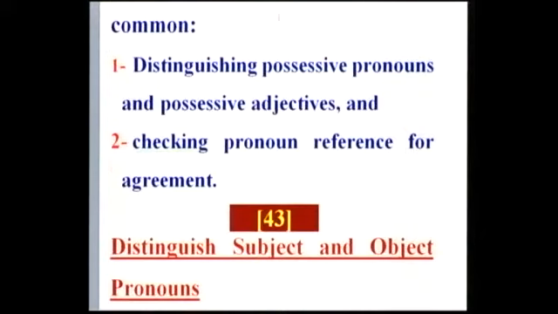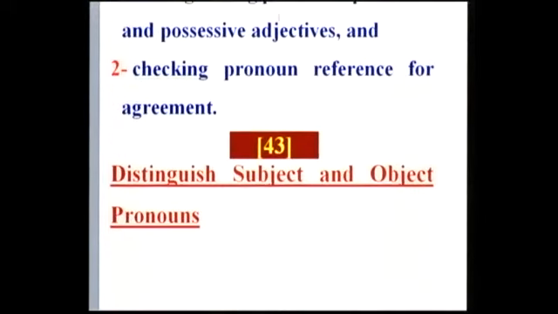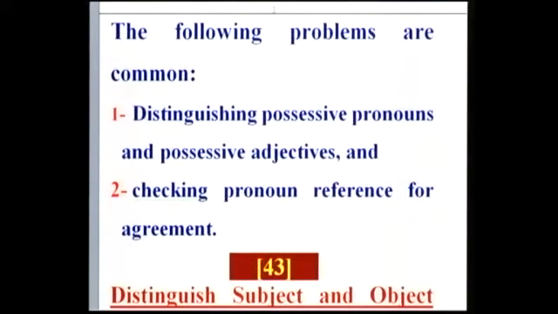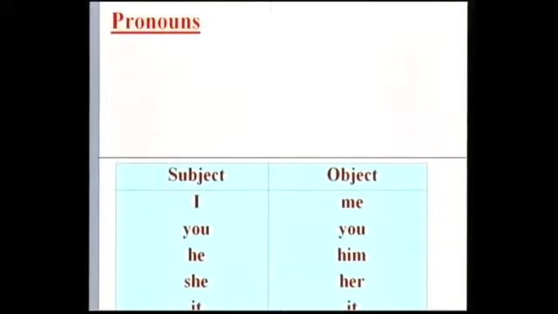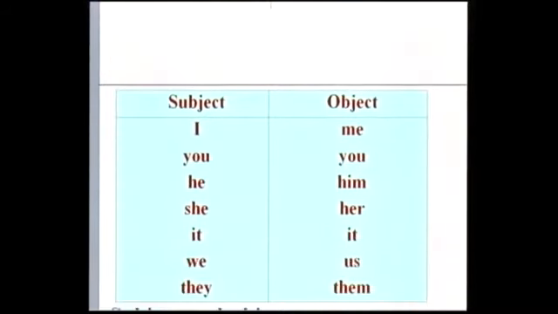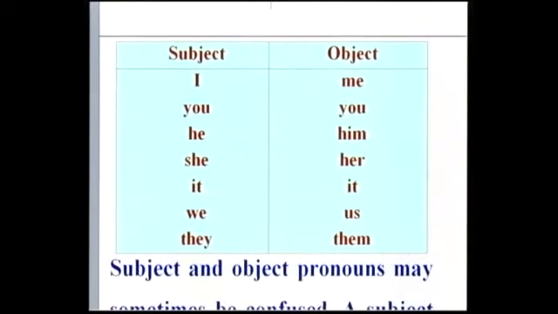Let's look at the first topic, which is distinguishing subject and object pronouns. طبعا this is not new to you. If the subject is I, the object is me; you, you; he, him; she, her; it, it; we, us; and they, them.